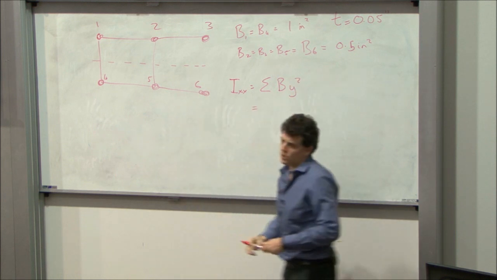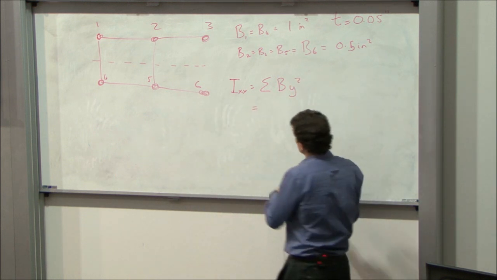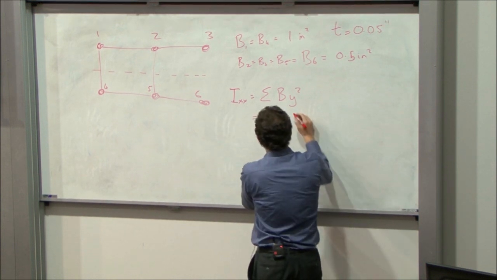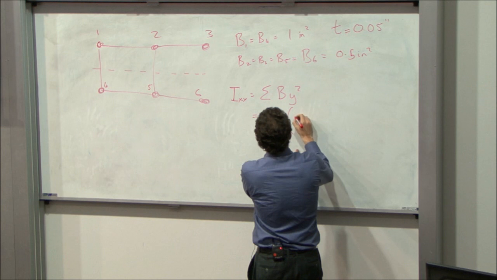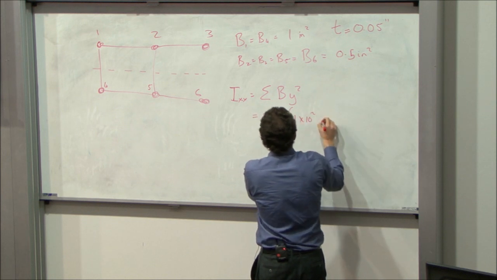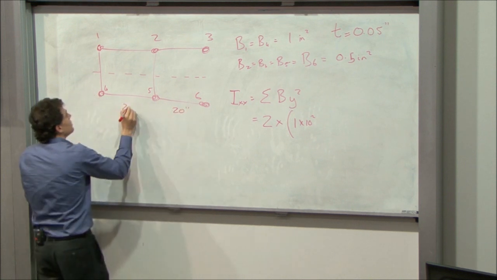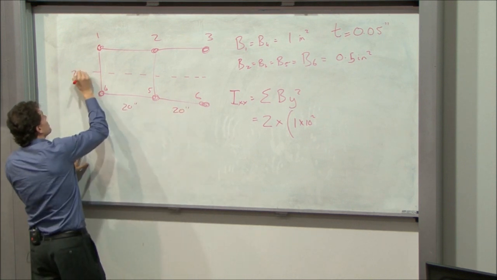Sum of B y squared. Because it's symmetric, I'll just do 2 times the top half. 2 times 1 times 10 squared. Sorry, I haven't put dimensions on this. These are 20 inches on every side of the box.